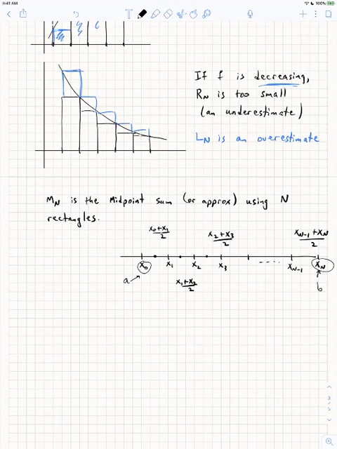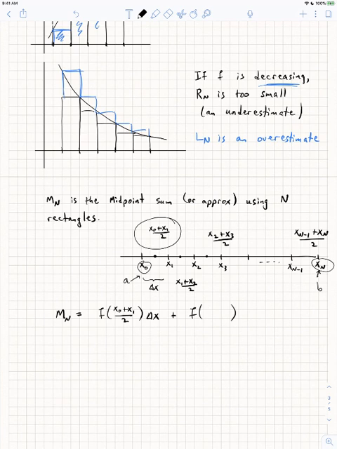Well, in that case, Mn is going to be equal to, well, now the height of your rectangle is determined by the function evaluated at the midpoint. So it's f at x0 plus x1 over 2, and the width is delta x. So it's delta x. Then plus f evaluated at the midpoint, which is x1 plus x2 over 2, times delta x, and so on until you get to the end.